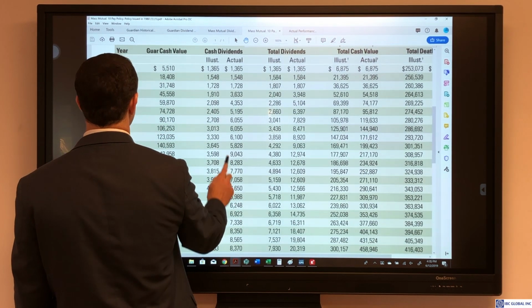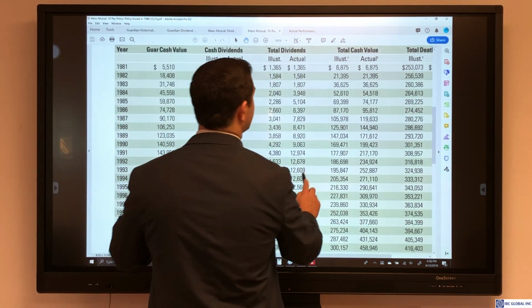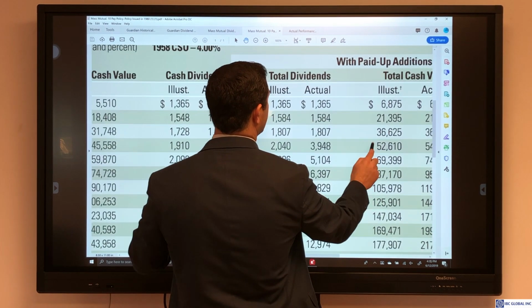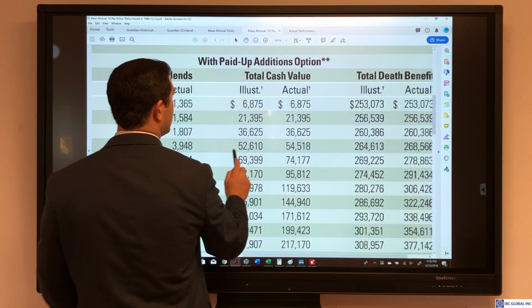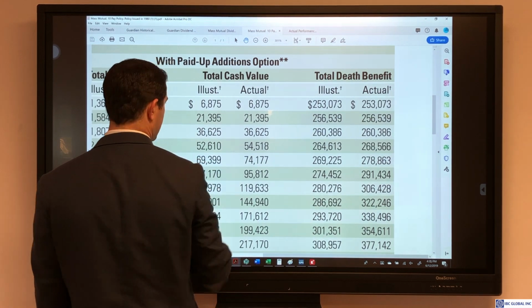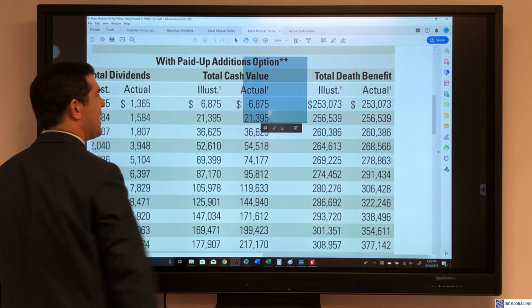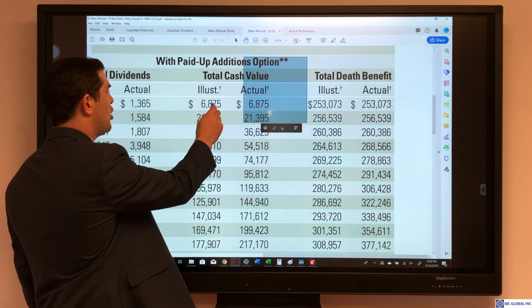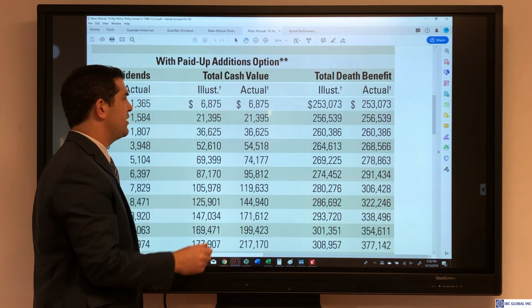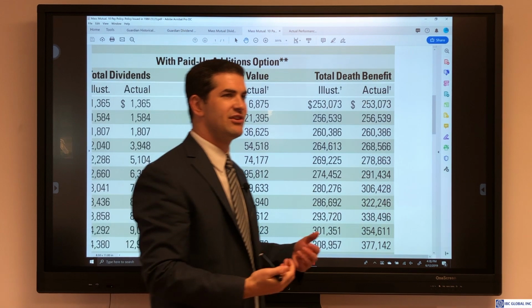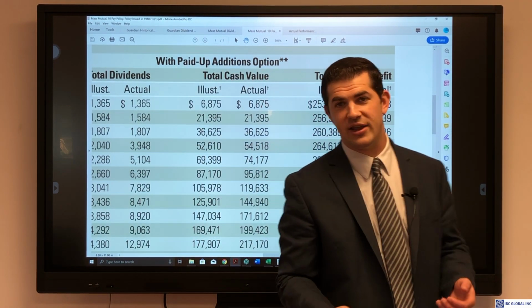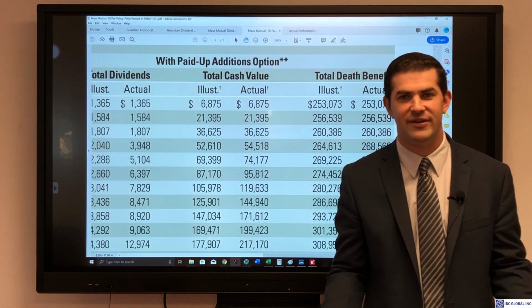So what we're going to look at here, we've got the years. Let me do this. Let's zoom into the cash value. So again, illustrated compared to actual. So when he bought the policy, the first year it illustrated a cash value of $68.75 and produced a cash value of $68.75.